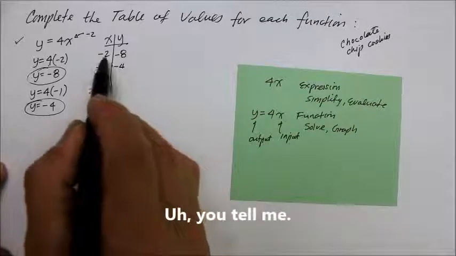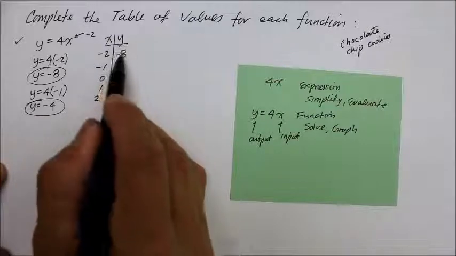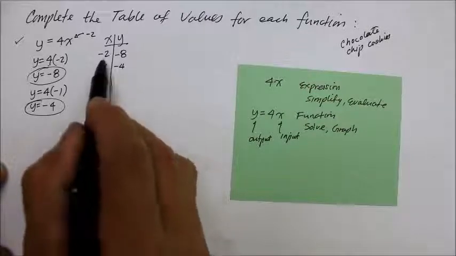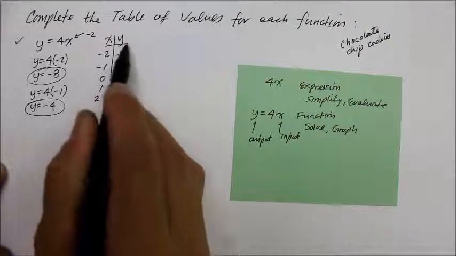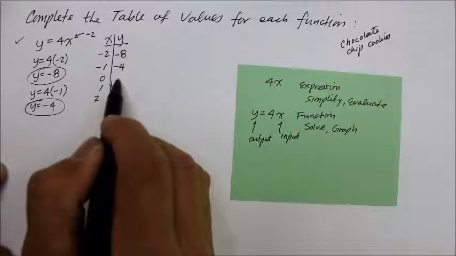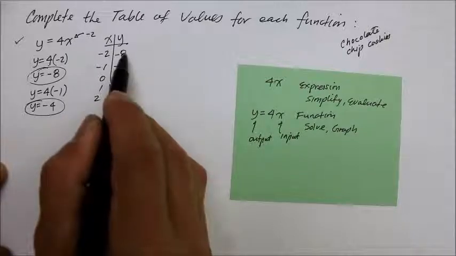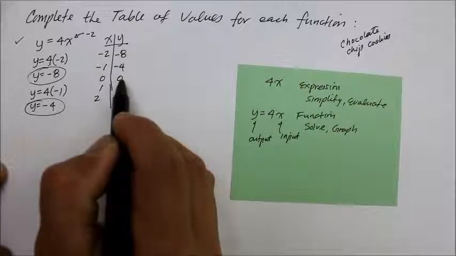When you go from -2 to -1 on the x, then the y becomes -8 to -4. And some kids start to see a pattern. Hey, as the x increases by 1, the y's are increasing by 4s. Does that mean if I let x equal 0, then if this is -8, this is -4, then this is also going to be 0?